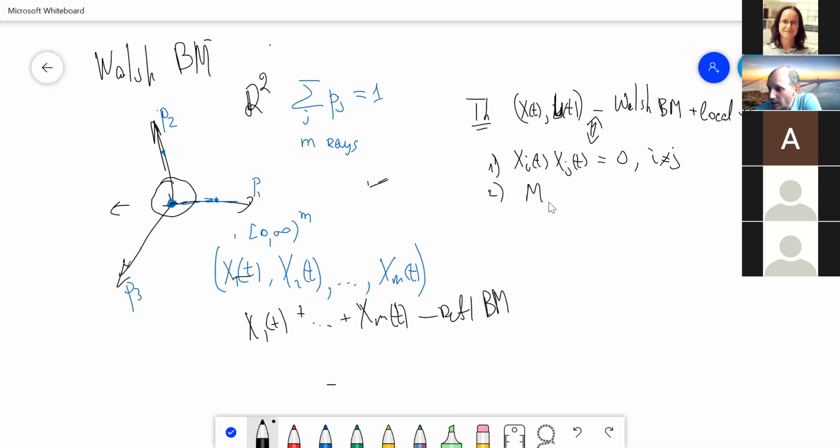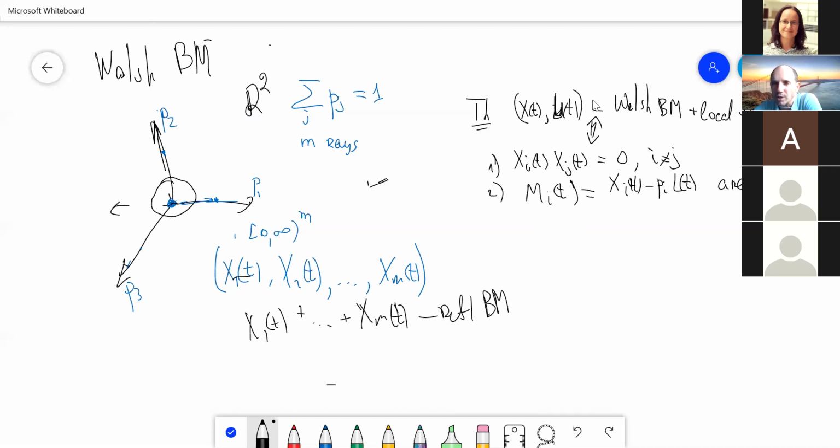The second: the process M_i(t), which is X_i(t) minus p_i times L(t), are continuous martingales.